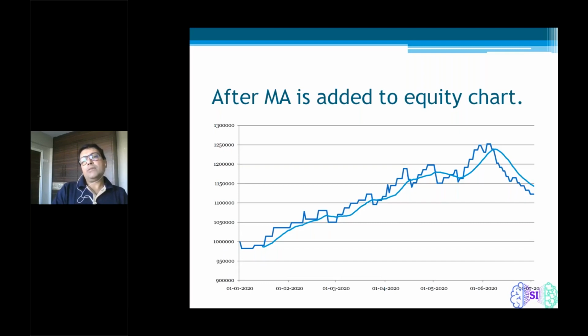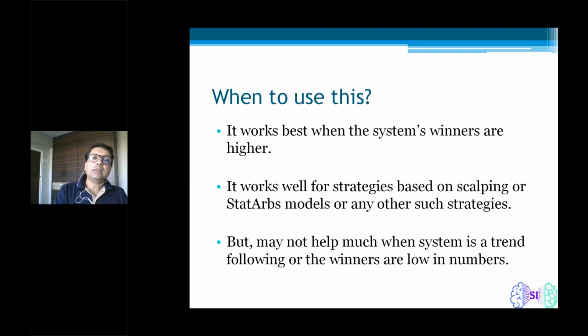Where does this kind of tool work? It works best when the system's winners are higher. If you are planning to use a moving average, of course there are better ways as well. The moving average is just an example.